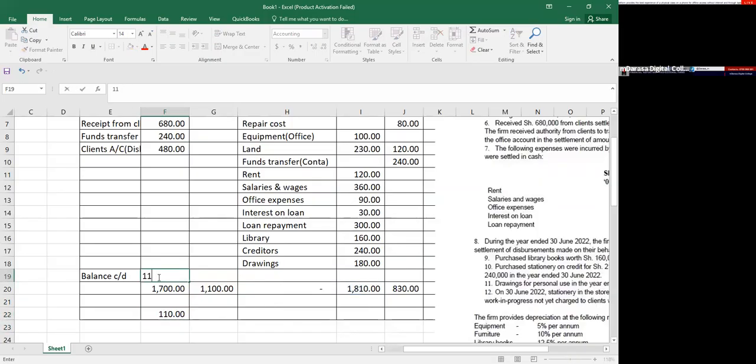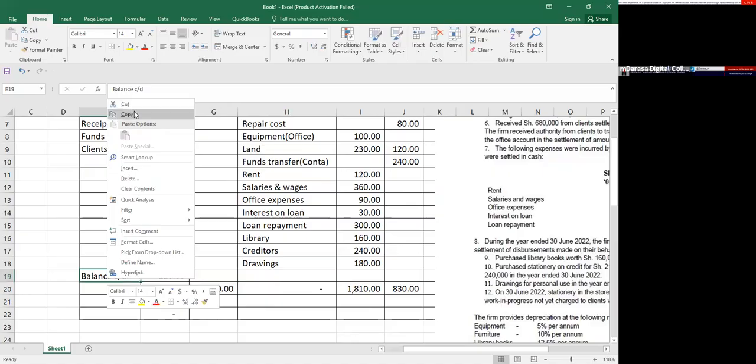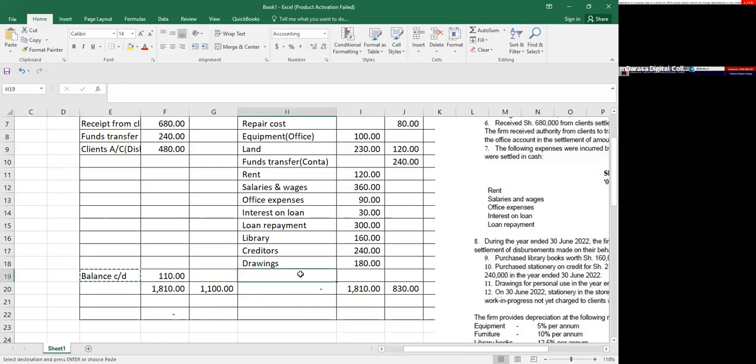So therefore, I should be having a balance carried down of 110, whereas on the debit side, that is 1100 minus 830 to give us 270.